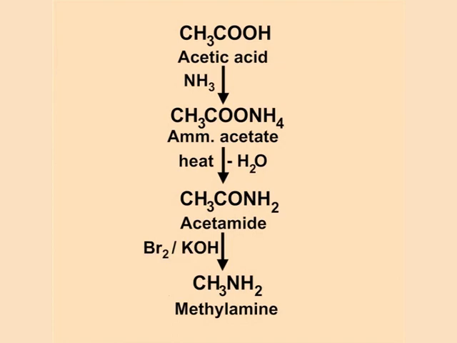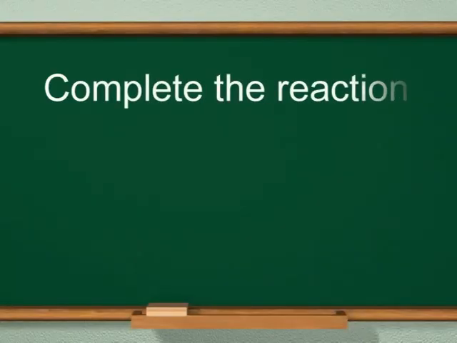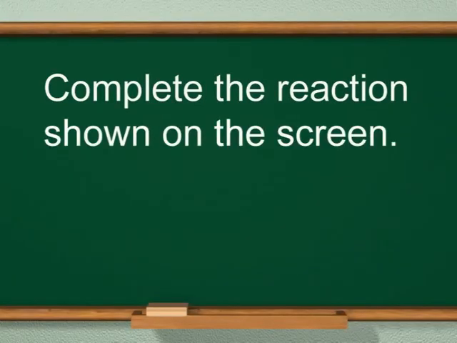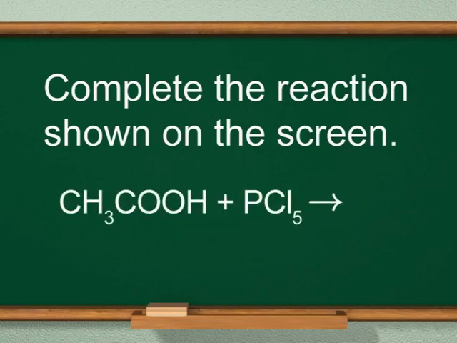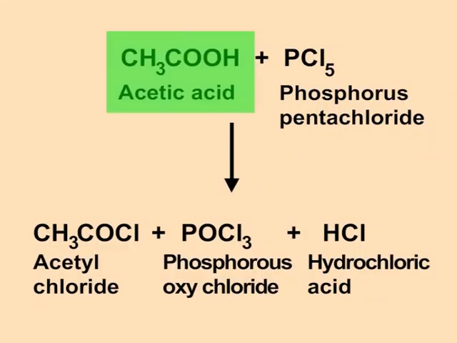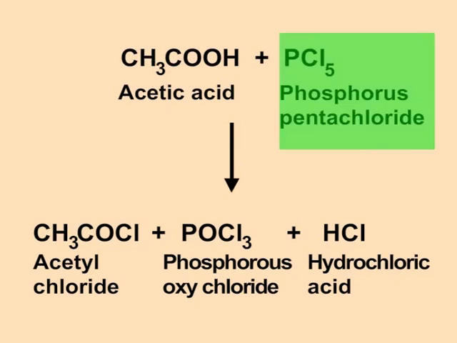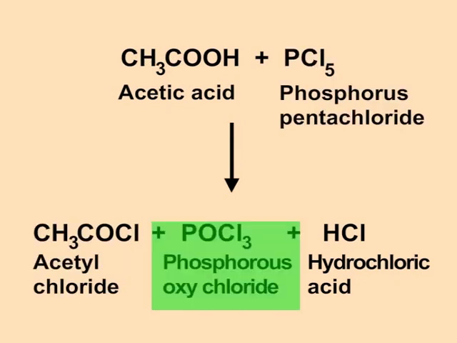And now the second question is, complete the reaction shown on the screen. And the answer is, acetic acid reacts with phosphorus pentachloride to form acetyl chloride, phosphorus oxychloride and hydrochloric acid.